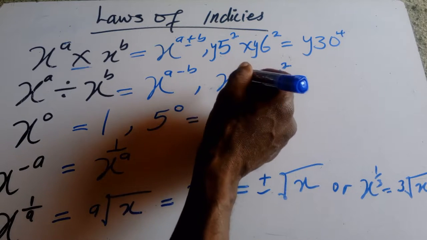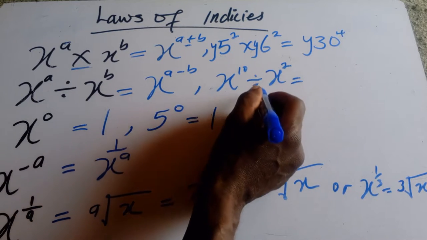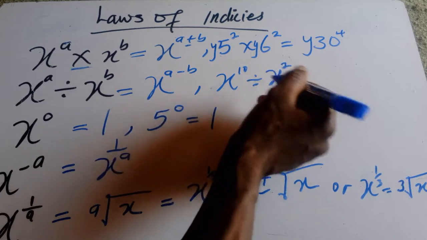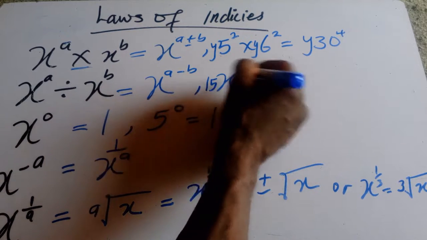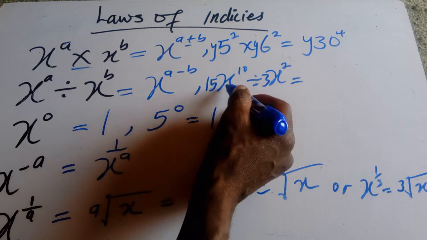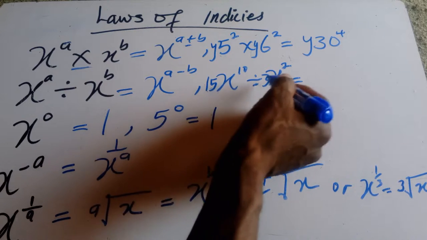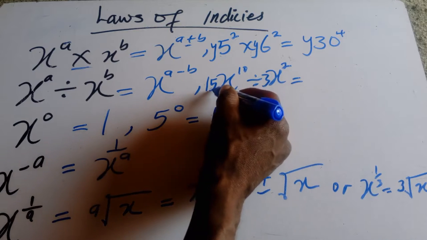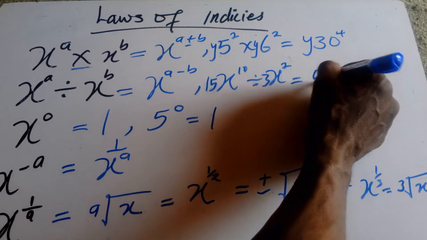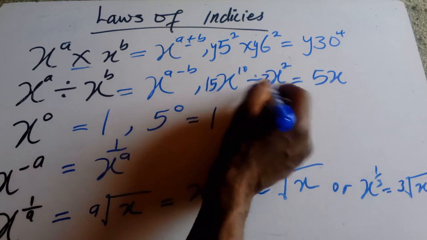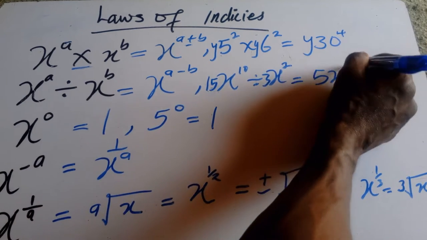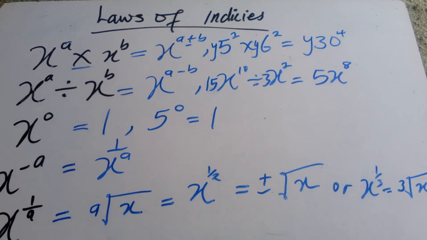If the division contains some numbers, let's say here is 15x, here is 3x, that is 15x divided by 3x, then you have to say 15 divided by 3, here you get 5x. Since x is common, you can subtract the powers as 10 minus 2, here is x to the power 8.